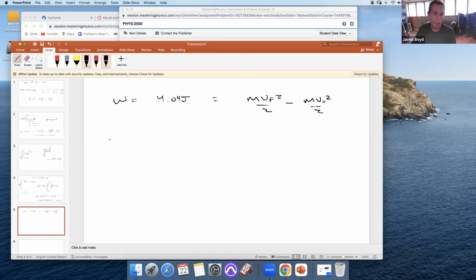Now, the initial velocity was 4 meters per second. But that initial was downward, so we need to say it's negative. Does it matter? No, because it's going to be squared.